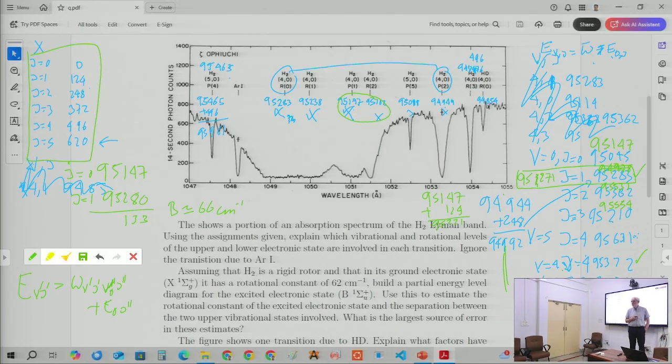So you start from a lower state, you jump up by a certain amount, you get the upper state. And if you have two states like here, J equals 0, J equals 2, and they both go to J equals 1 in the middle, in the upper state, then the difference between this and this should roughly be the difference between these two rotational levels. Well, it'll be that difference within the uncertainty that you're working on.